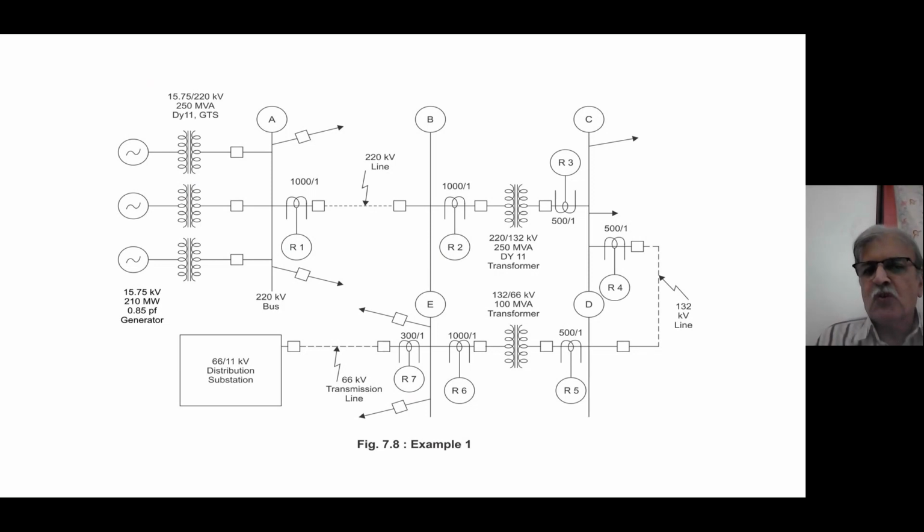That is also quite possible. But an instantaneous unit cannot be attached everywhere. If a line is too short, you cannot attach an instantaneous unit. So there are many problems in overcurrent relays, no doubt. But right now, let us not talk about problems. Let us concentrate on how to calculate.